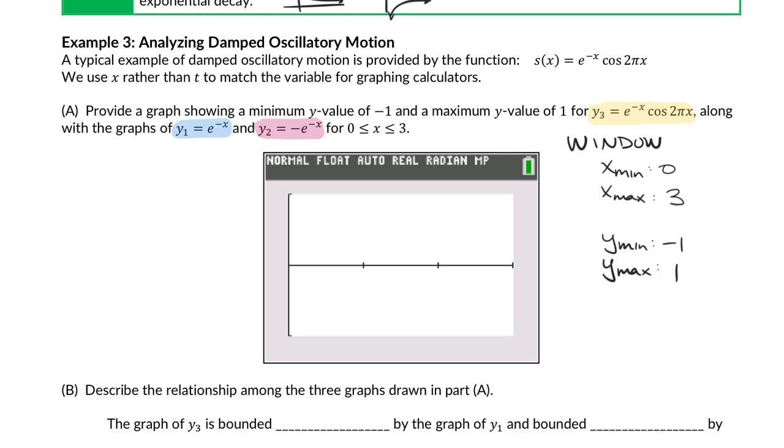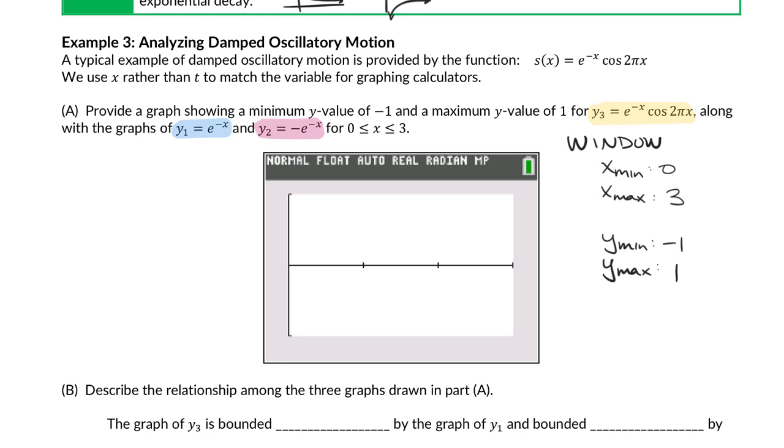If you change those values on the window setting and then press graph, something very interesting is going to occur, and we're going to sketch it on our graph. Did you do the window? Press graph.